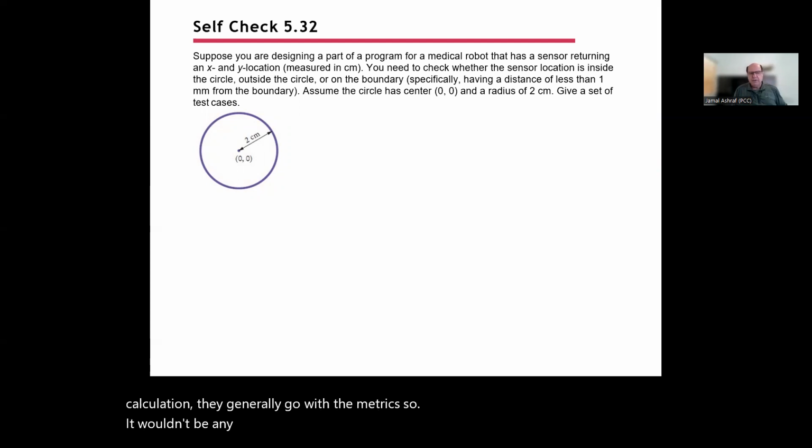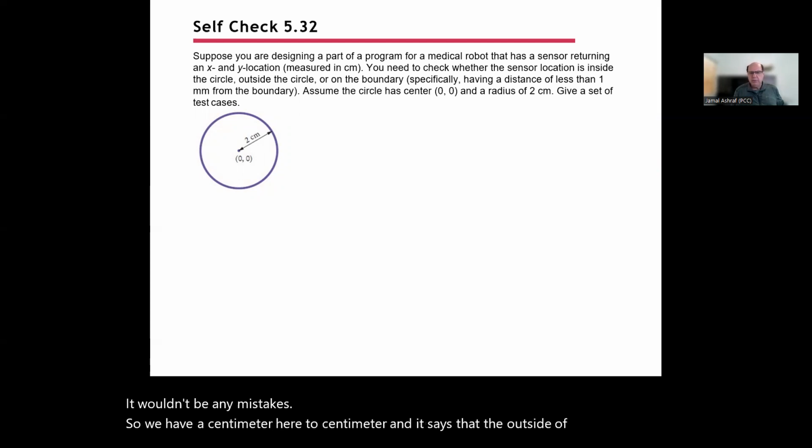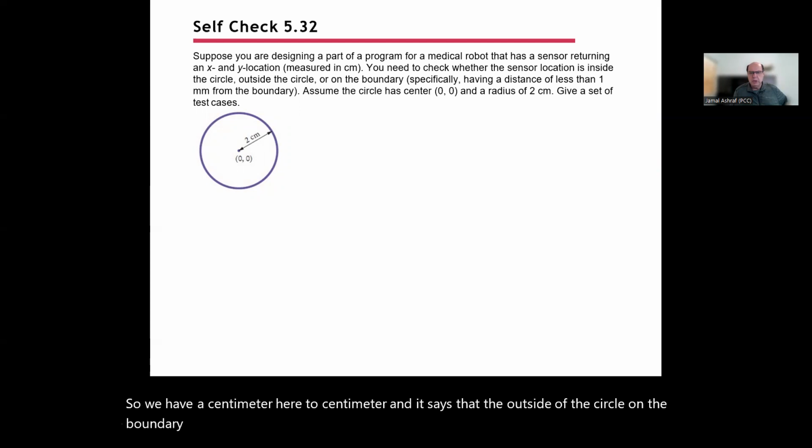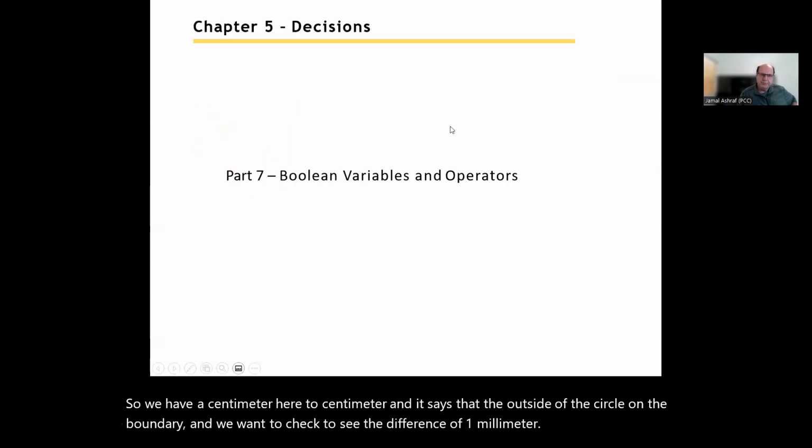So we have a centimeter here, 2 centimeters, and it says outside of the circle on the boundary, and we want to check to see the difference of 1 millimeter. Okay, so I'm going to stop this one right here.